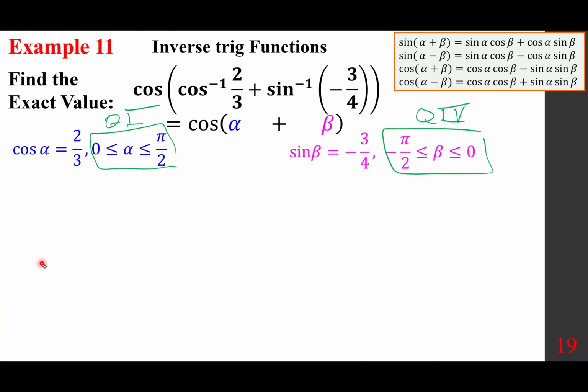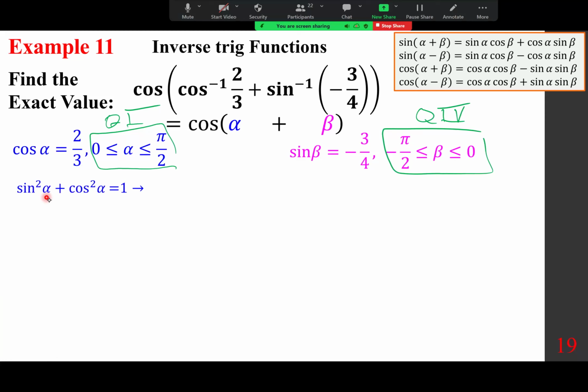So we're going to go with the identity, sine squared plus cosine squared equals 1 in both cases. And in this case, sine alpha is plus or minus the square root of 1 minus cosine squared of alpha. And we know we are in the first quadrant. In the first quadrant, everything is positive. Okay, so just plus the square root of 1 minus.